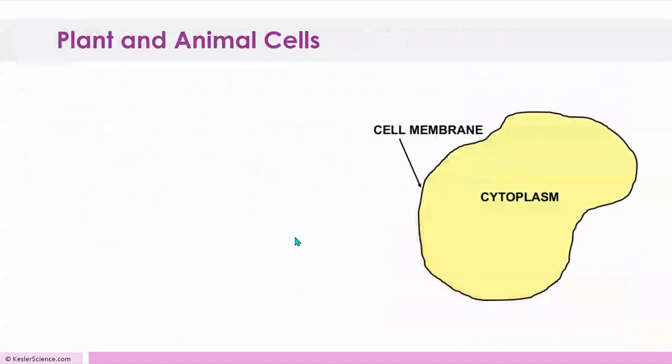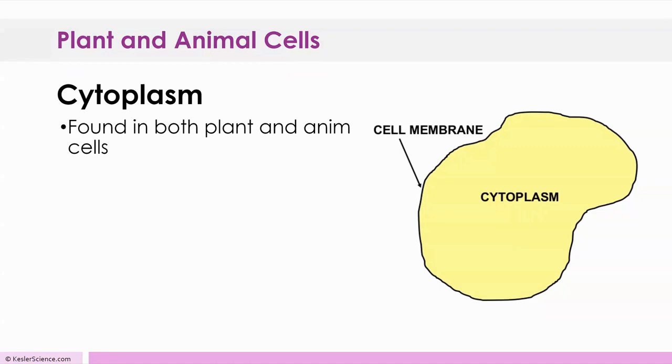So inside every cell is this cytoplasm. The word cyto means cell, and plasm is just like plasma. The cell membrane is on the outside of an animal cell. It's covered with a cell wall in a plant cell, but inside, this gel-like fluid is found in both plant and animal cells. In fact, all cells, including bacteria, fungal cells and protists.